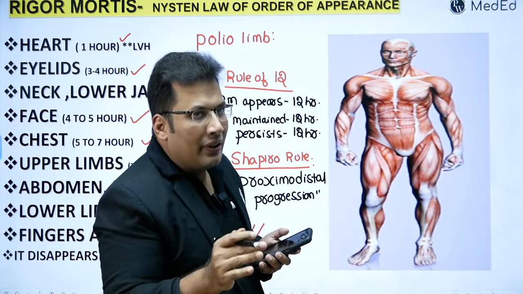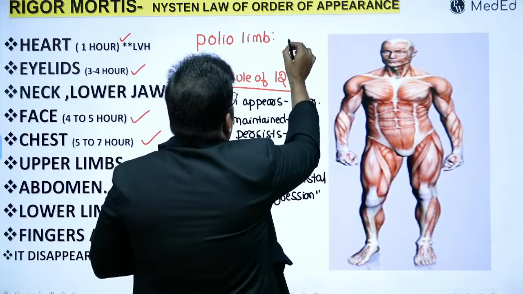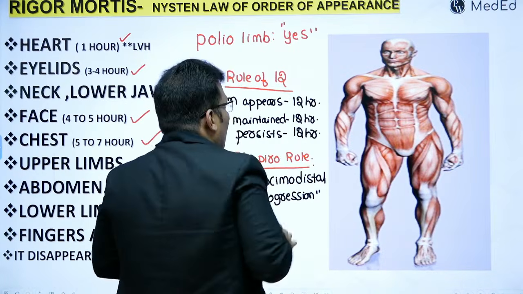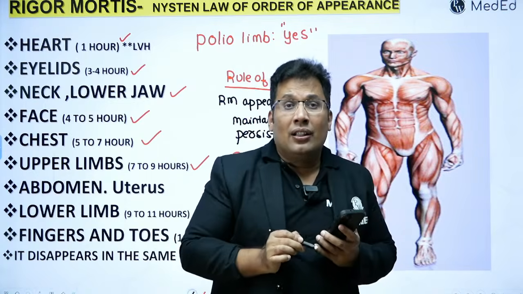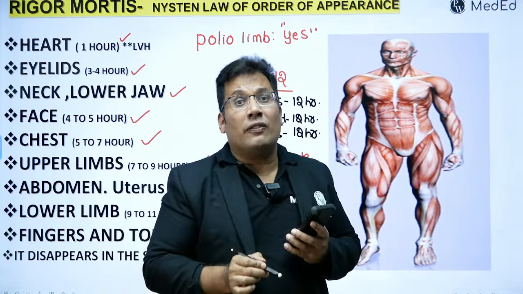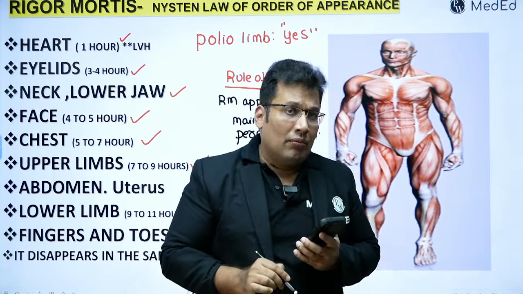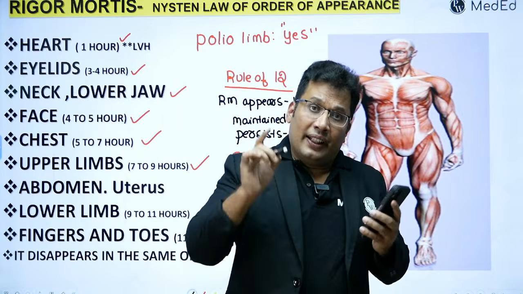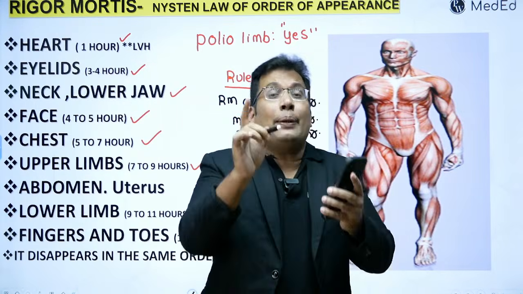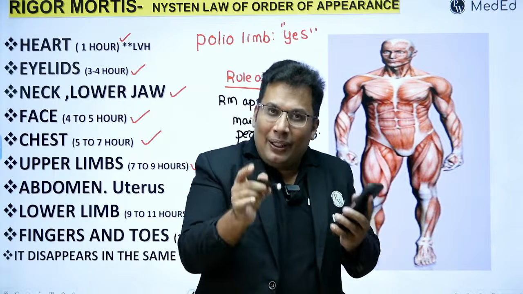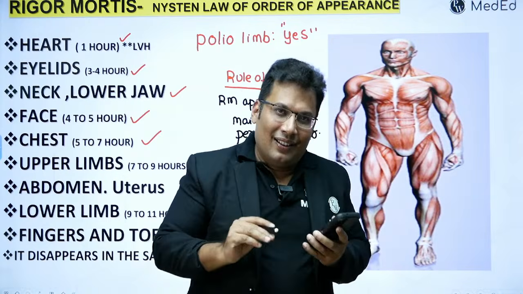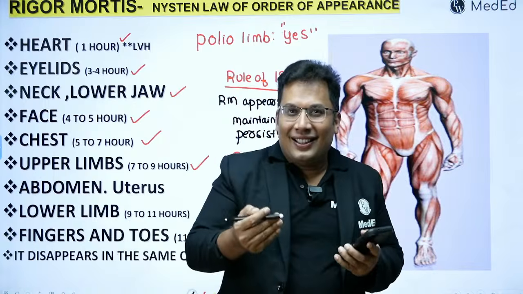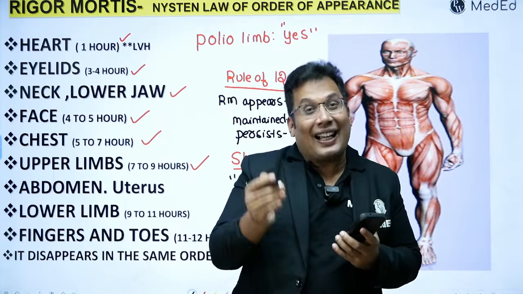The answer is yes. Rigor mortis occurs because of ATP depletion. It is not because of the nerve supply or the blood supply. ATP depletion can occur in any muscle: atrophied muscle, paralyzed muscle, any muscle. So it occurs.